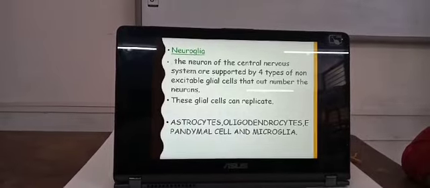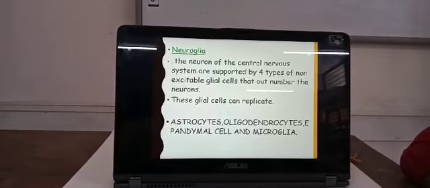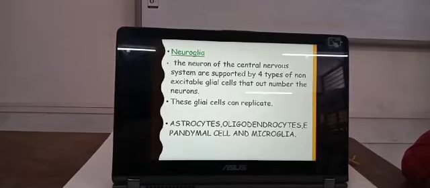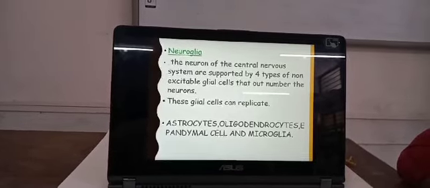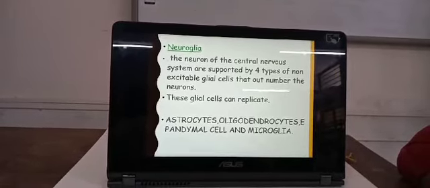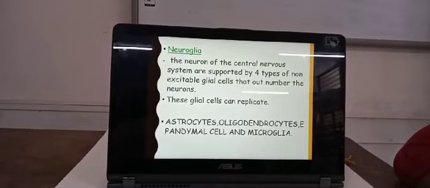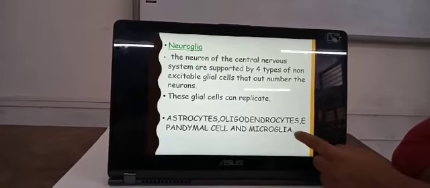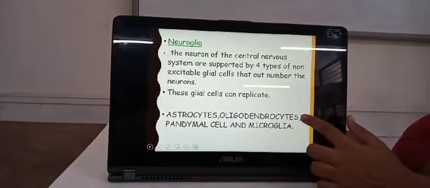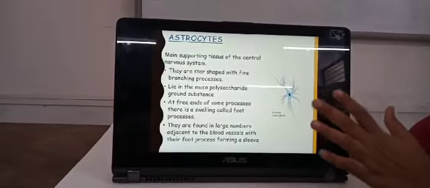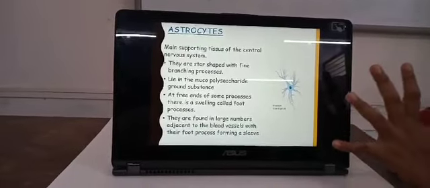First one is called the astrocytes. Next one is the oligodendrocytes. Then the next one is the ependymal cell, and then you have the microglial cell. Okay. First one is the astrocytes.